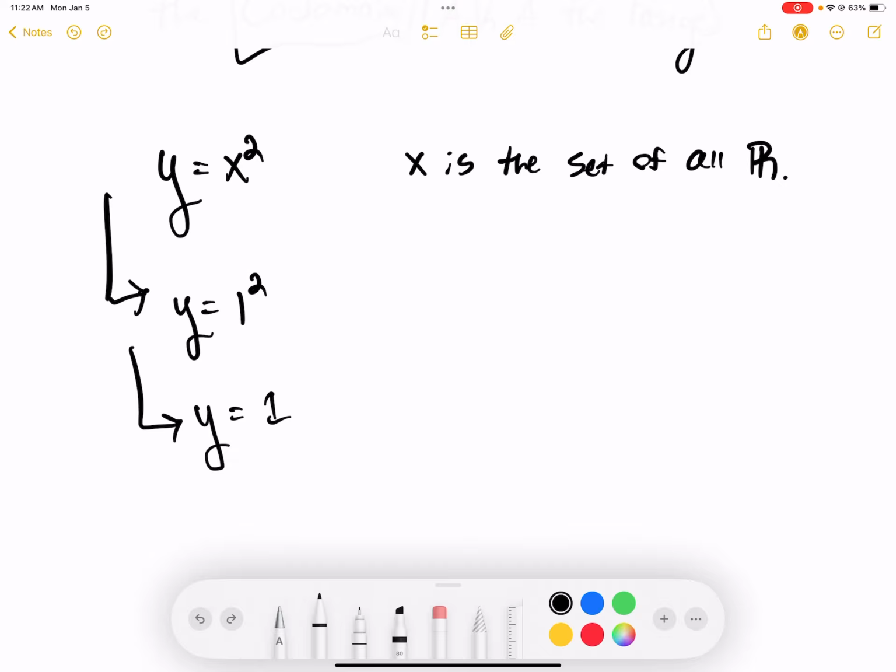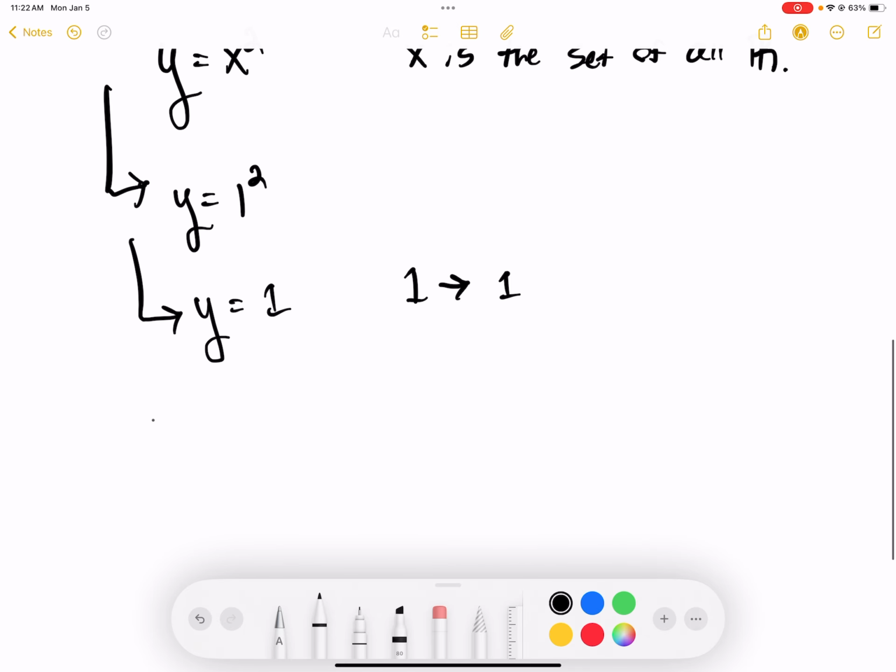So what does that mean? My input was 1, I made x equal to 1, and my output was 1. Another way of saying this is 1 maps to 1.